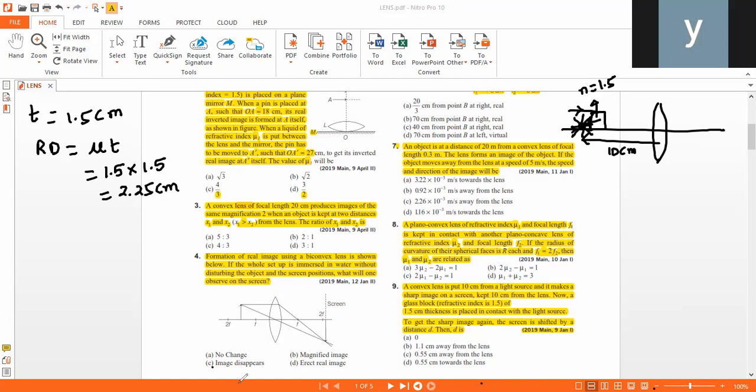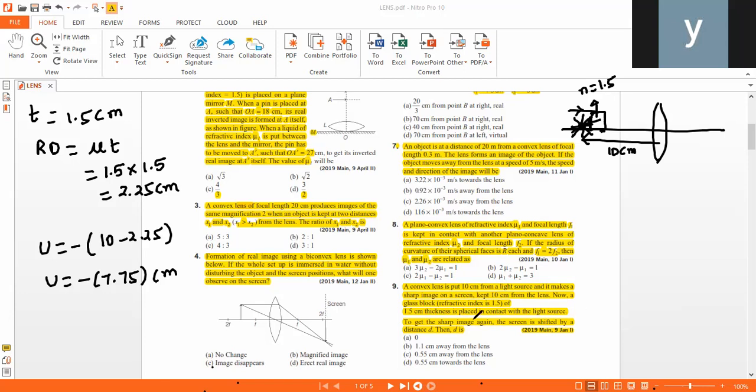Out of this 10 centimeters, 2.25 centimeters, that is the object distance will be 10 minus 2.25. Approximately it is minus 7.75 centimeter.